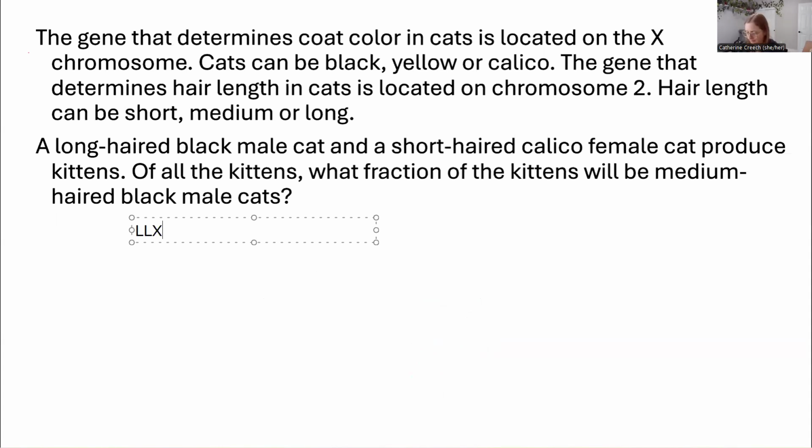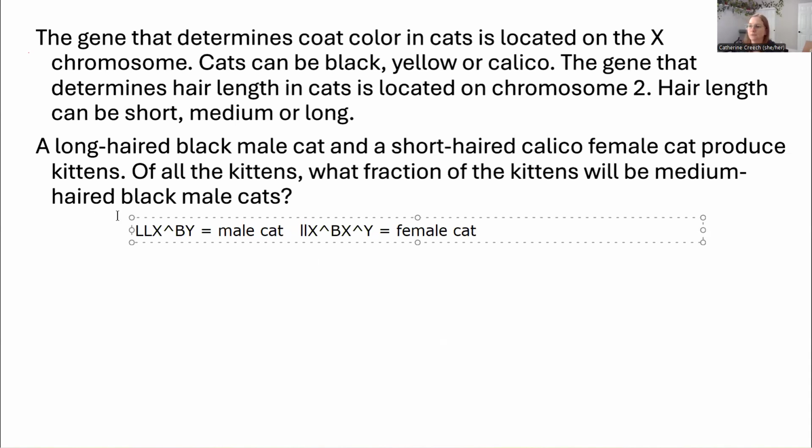I'm going to use an up caret because I can't make superscript here. That's our dad. And we have a short-haired female calico. So you with me? Up caret means superscript. So pretend this is the superscript for the X chromosome.